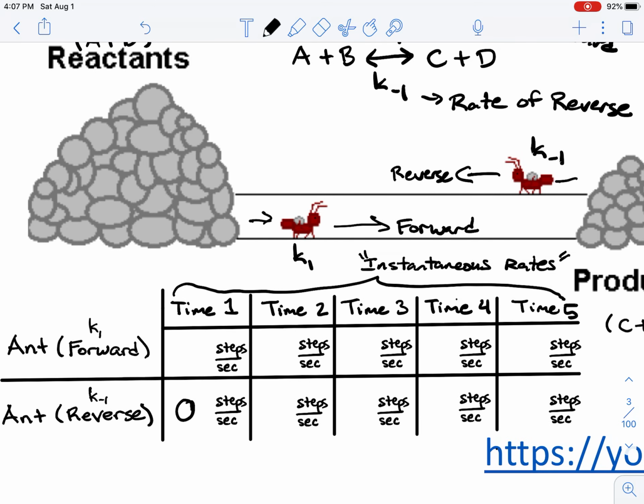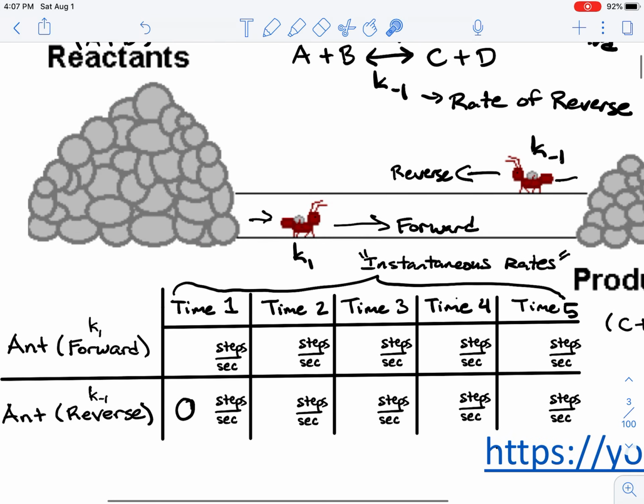And so since there's a lot of rocks at time 1 for this ant to move, it's going to have this fast rate, right? So just imagine that you're just about to work out. You have all of this energy. And so let's just say that this ant is going to move at a rate of 10 steps per second. And so at another time period, and we're going to call this time 2, this ant is getting a little tired, so it's going to slow down.